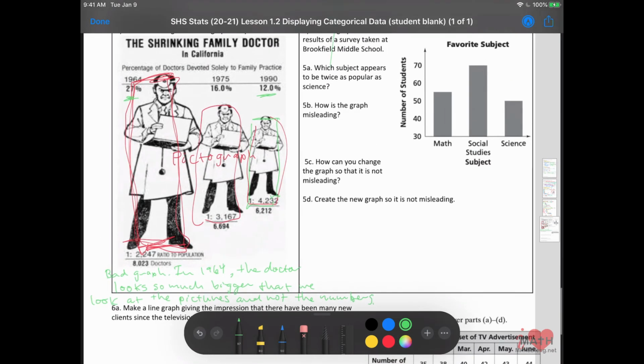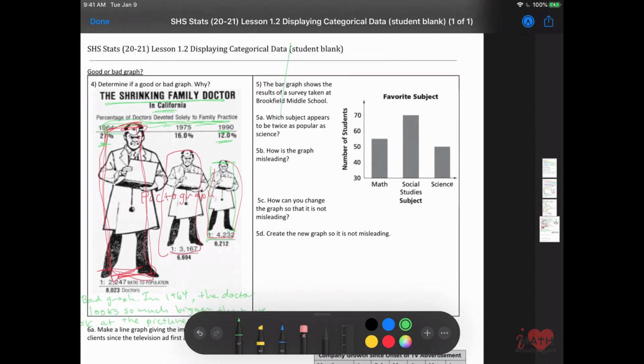Maybe this person here in this shrinking family doctor graph is saying, hey, there are fewer doctors for family practice, and therefore you might make an argument that healthcare is getting worse, right? From 1964 to 1990. So you can use that. So that's a bad graph.